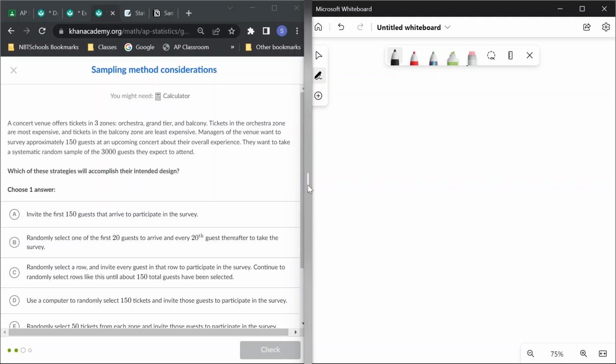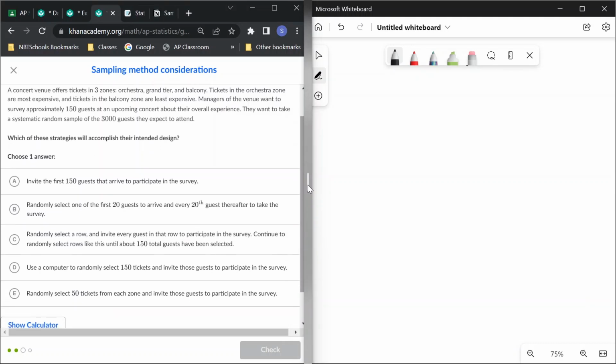Which strategies will accomplish their intended design? So there's 3 zones, and they want to take a systematic random sample of the 3,000 guests they expect to attend.